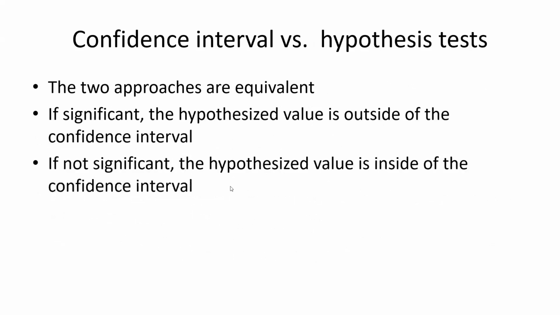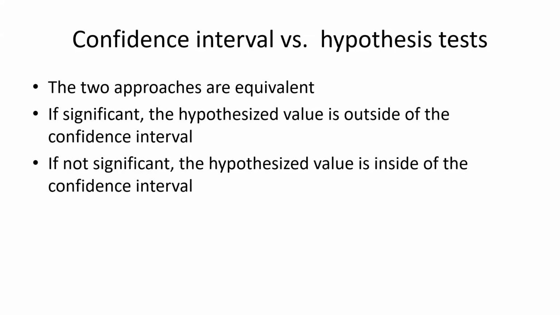Why? Because confidence intervals and hypothesis tests are two sides of the same coin. The two approaches are exactly equivalent. If the test statistic is significant, the hypothesized value is outside of the confidence interval.